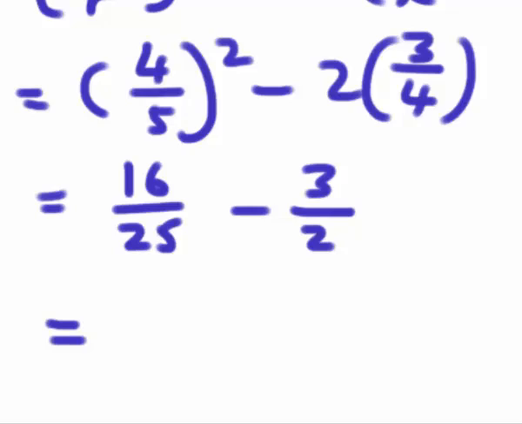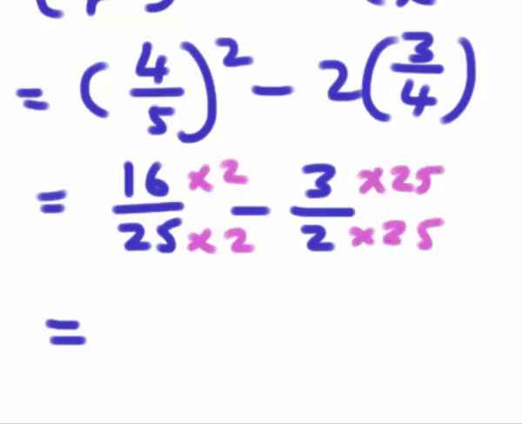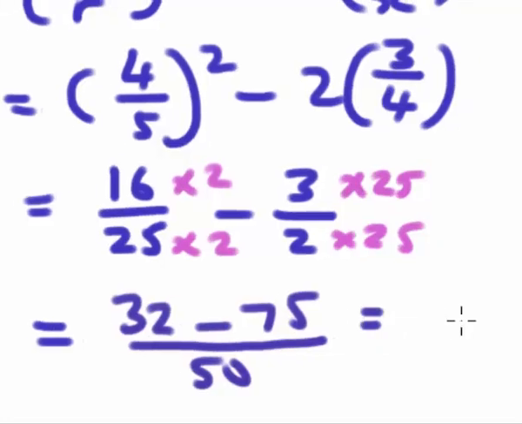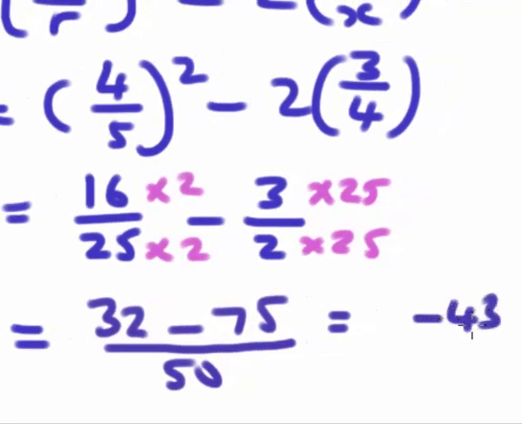That's pretty much basic fractions, times 25 and times 25, and then you just use your normal school maths. That gives you 32 minus 75 all over 50. If you work that out, that comes to negative 43 over 50. And there we have it.